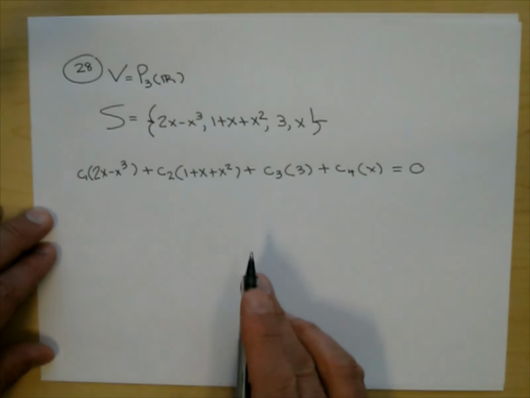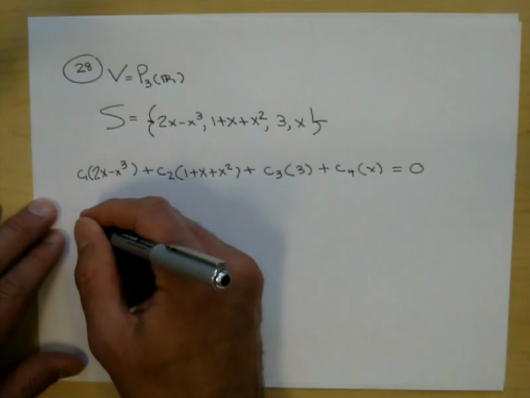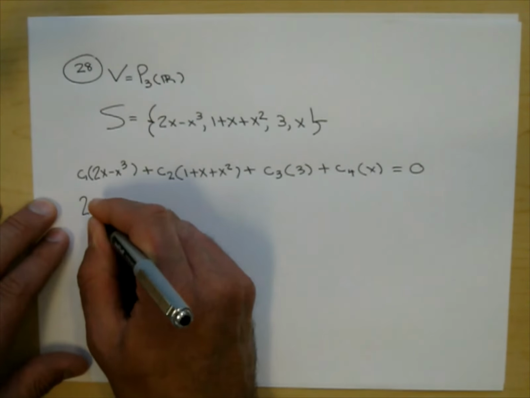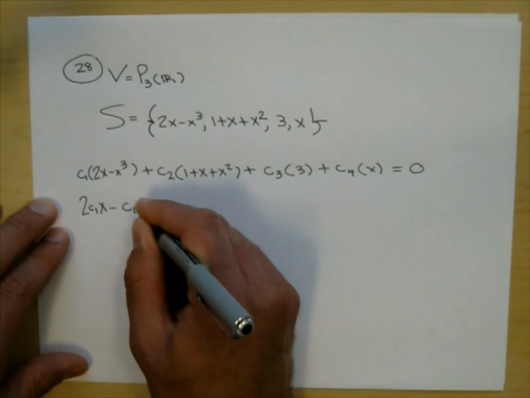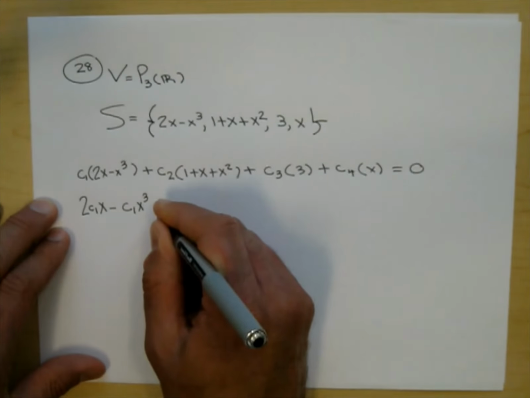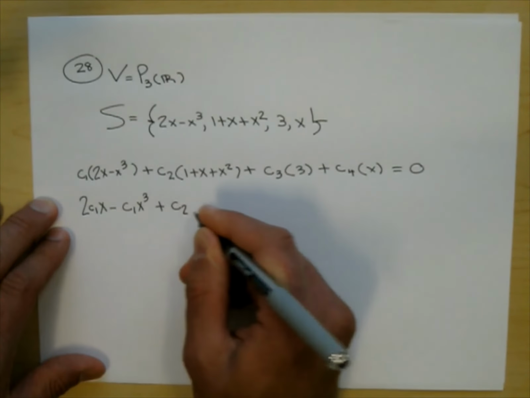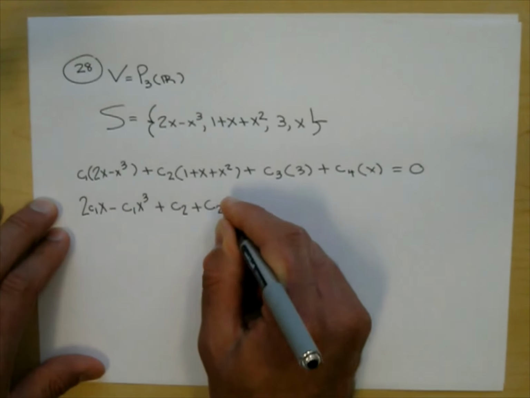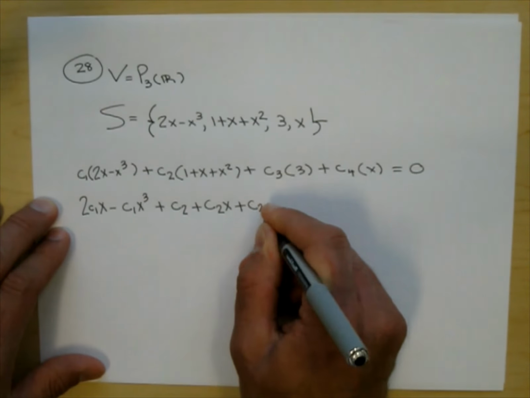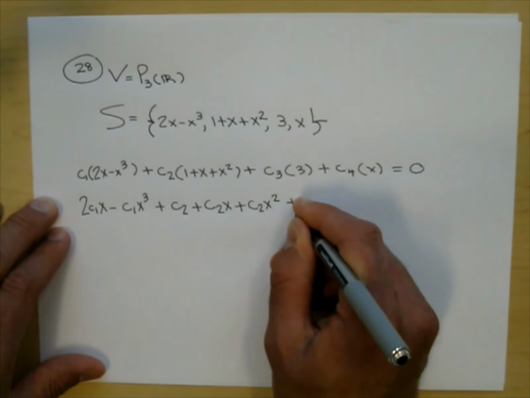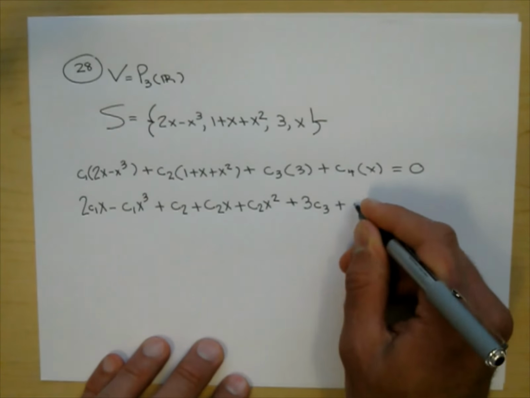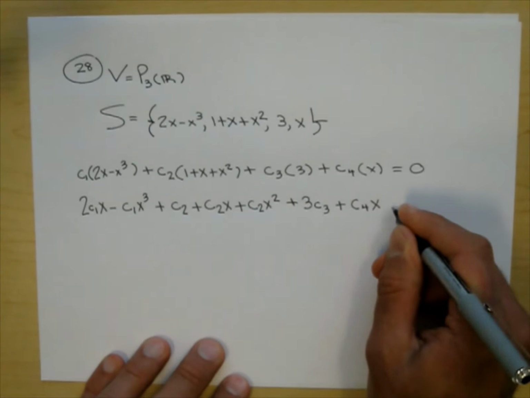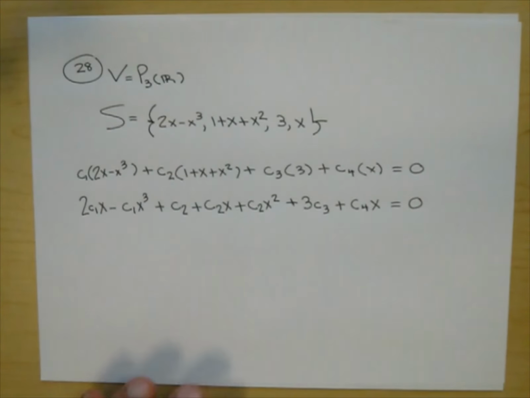Okay, I'm going to go ahead and distribute some of these ci's. So this is 2c1x minus c1x cubed plus c2 plus c2x squared plus 3c3 plus c4x equals 0.